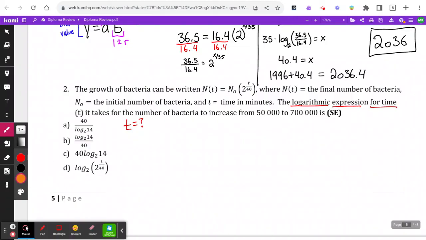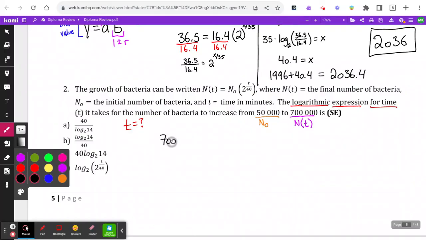They gave me it increases from 50,000, that's going to be my N naught, to 700,000, that's going to be my N of t. Started at 50,000, ending at 700,000. My equation is 700,000 equals 50,000 times 2 to the power of t over 40.